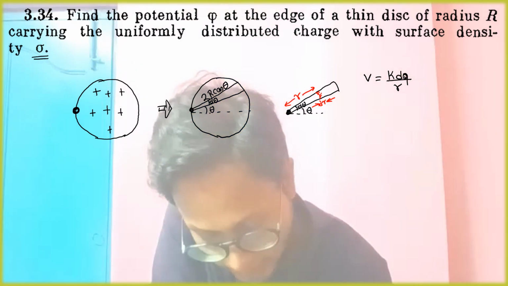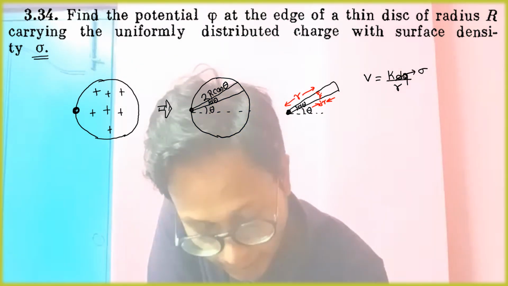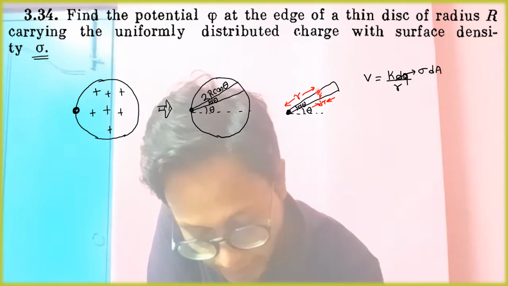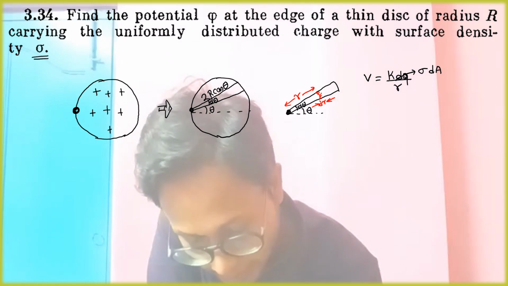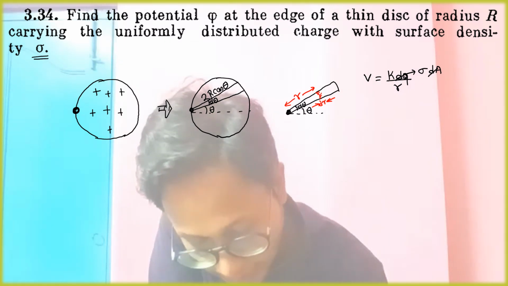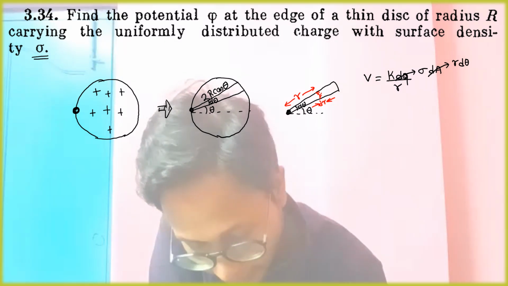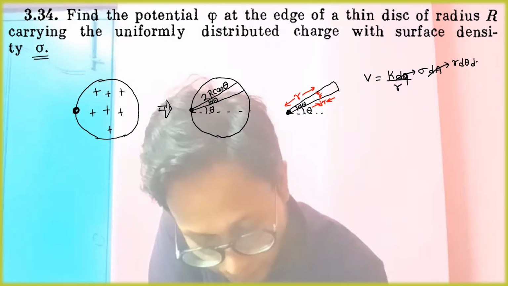Okay, the value of dq is nothing but sigma into elemental area, the surface charge density into elemental area. And what is the elemental area of this much length? The elemental area of this much length is nothing but r d theta, that is the length of this element, into thickness. Thickness is nothing but dr, isn't it?